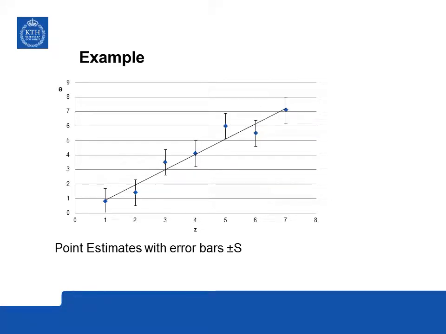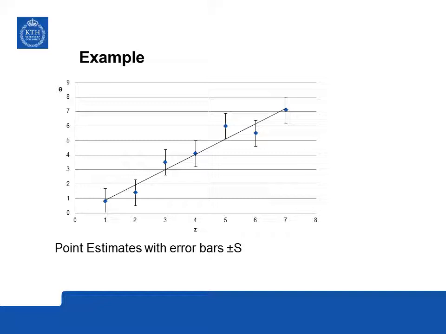The graph in this figure shows a very simple example of how point estimates and the error performance can be used. We have observed our system for a number of cases here enumerated as z equal to 1 to 7. And for each of these cases we have made a point estimate here. These are the blue dots.